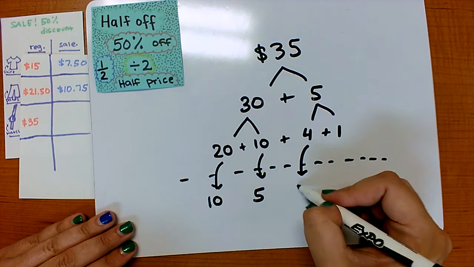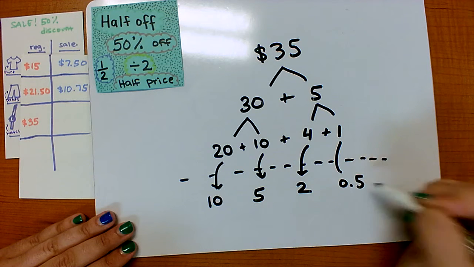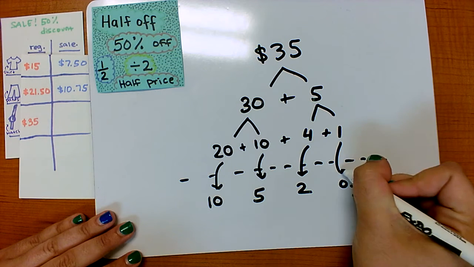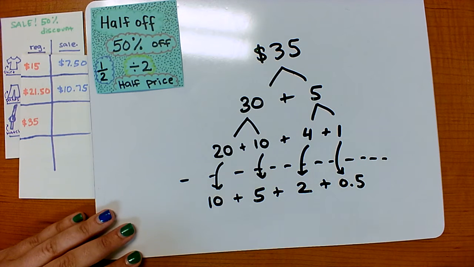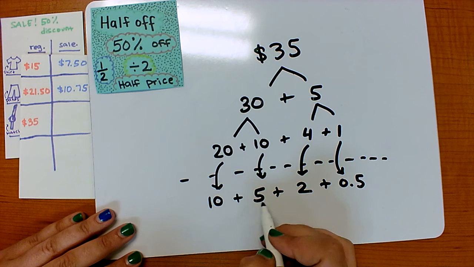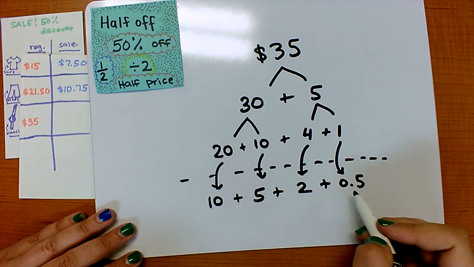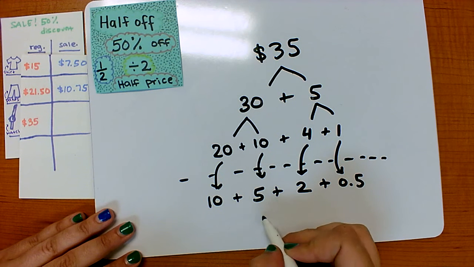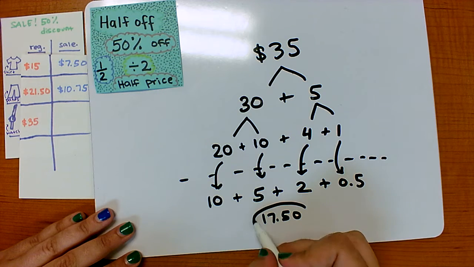Half of 4 is 2. Half of 1, 50 cents, 0.5. If I add these guys all up, 10 plus 5 is 15. 17. $17.50.